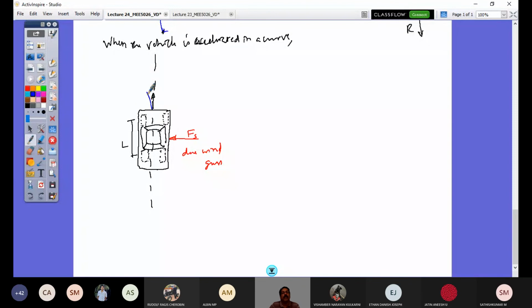This is the neutral steer vehicle effect. If it happened to be an oversteer vehicle, what would happen? The oversteer vehicle would take a turn into the external side force. This is the oversteer effect. So it will go like this.